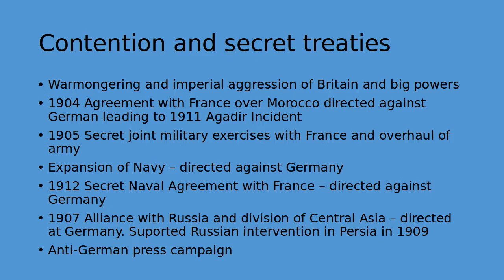And so Britain's alliance with France over Morocco led to, or contributed to, what is called the 1911 Agadir incident, where Germany threatened to intervene, warships were mobilized and so on, and it almost led to war at that time in 1911. Then we had, well, I've given the example there in 1905, these secret military maneuvers that Britain conducted with France. Again, they were already directed against Germany.